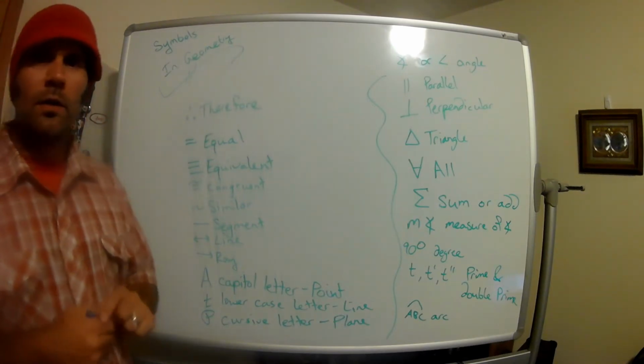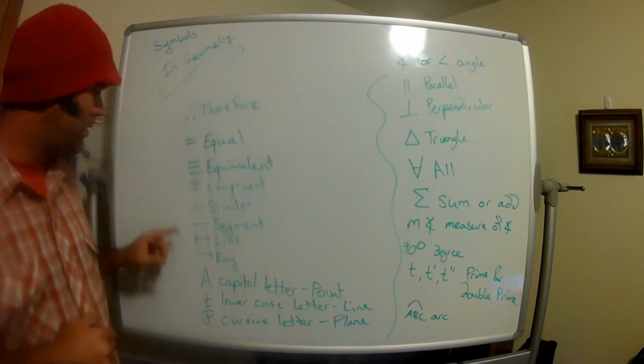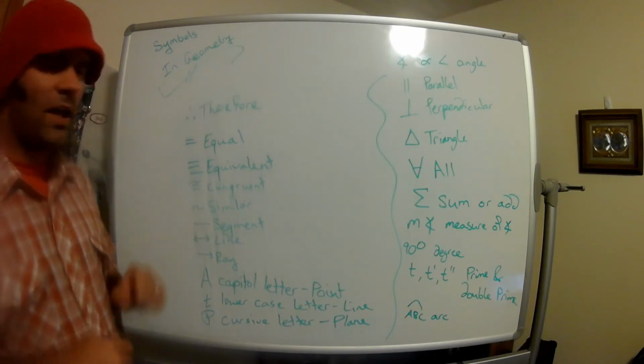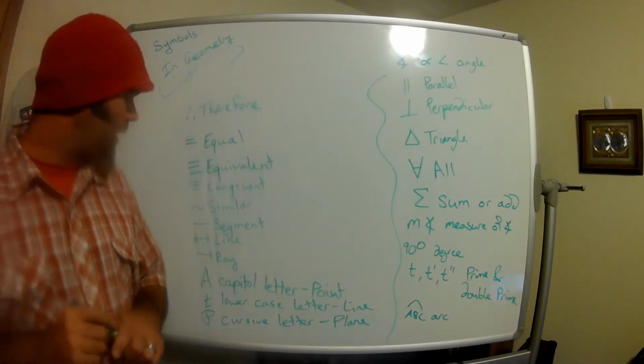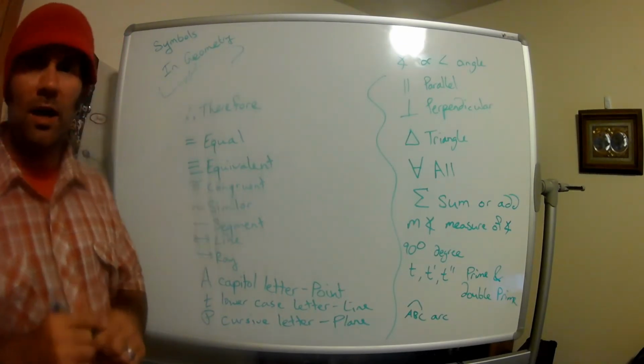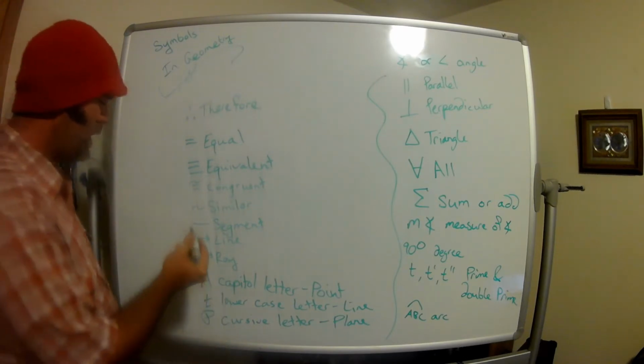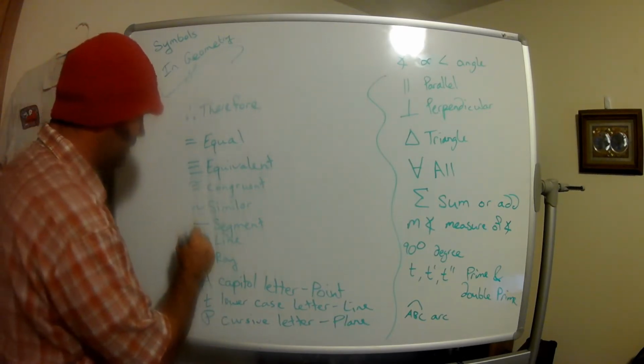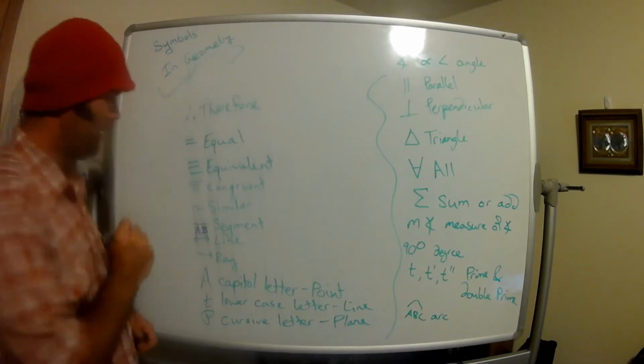The next is segment. Segment, just a segment is a piece of a line, and usually we'd write segment, say AB.